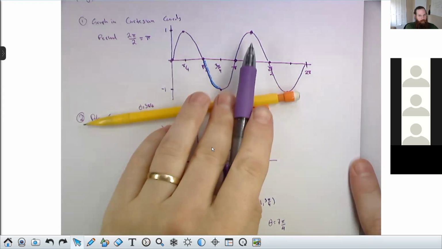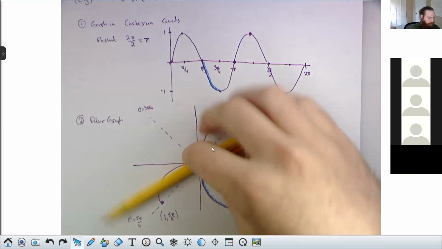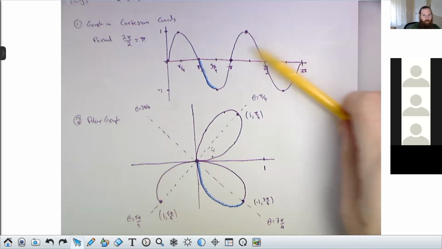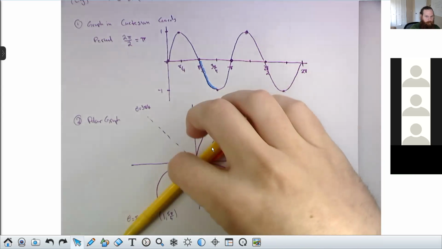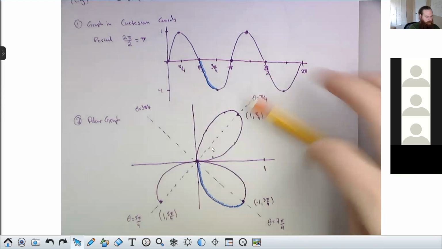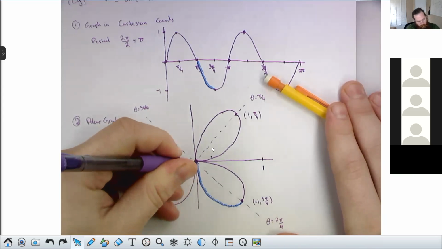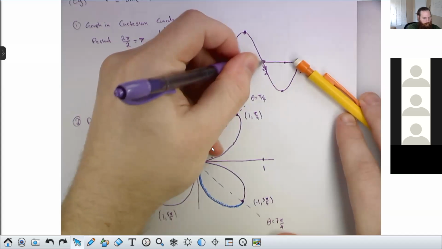And then as theta advances from 5 pi over 4 to 3 pi over 2, that's rotating from here to here, r comes back in. We're going from r equals 1 back to r equals 0 as theta rotates from 5 pi over 4 to 3 pi over 2. So we're going to tuck back into the origin. And this time we're coming in, that's corresponding to this point right here.